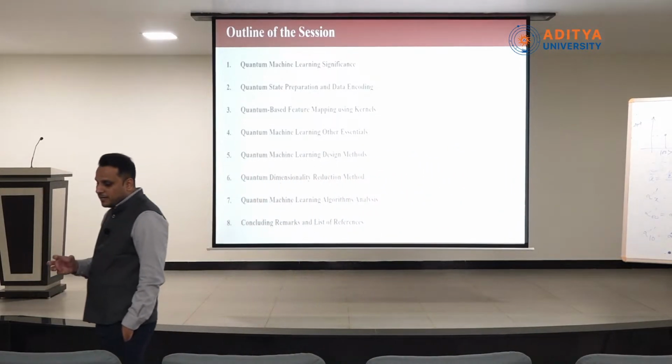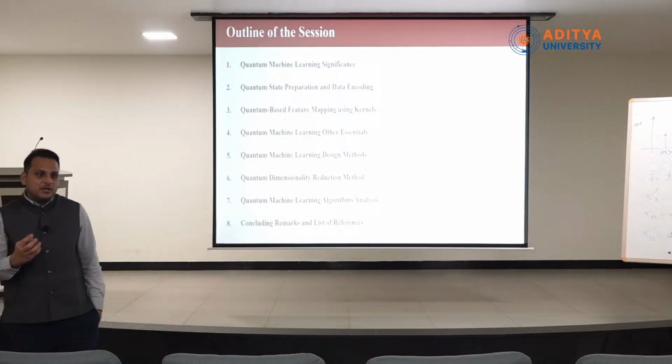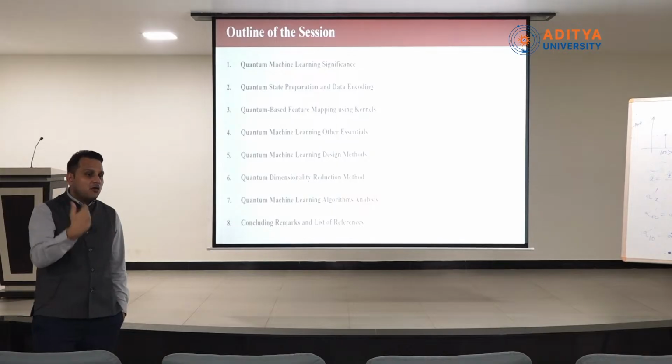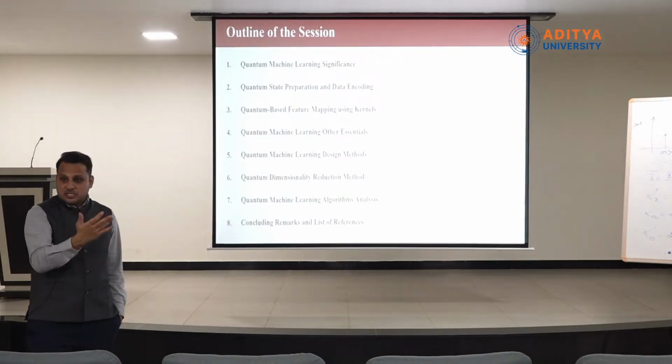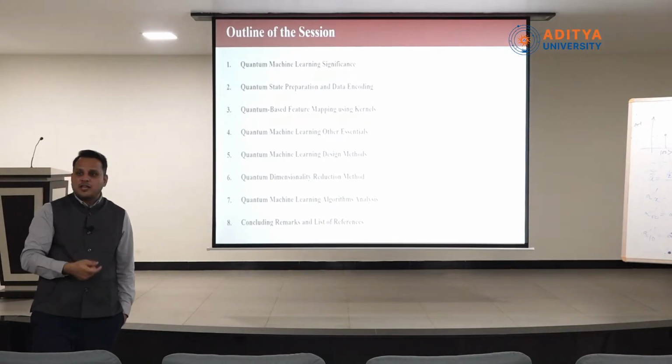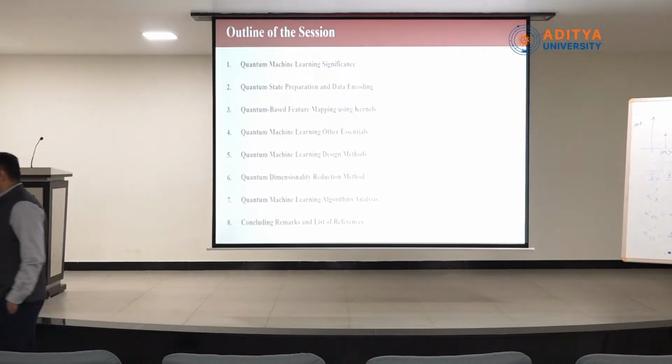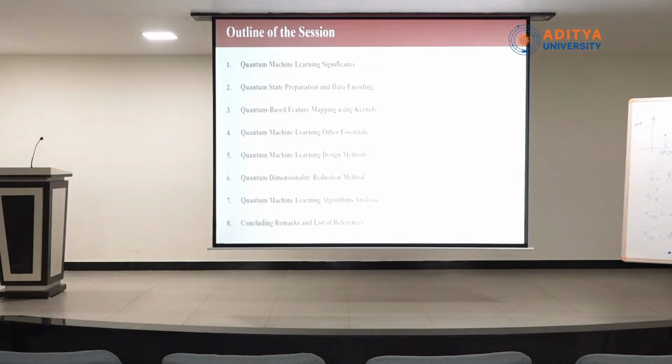As per what we have already planned, this is as per quantum data encoding, feature mapping, followed by dimensionality reduction and machine learning model processing. Any model processing we will check. Now look, the outline of this session contains quantum machine learning significance, followed by state preparation, data encoding methods, feature mapping, kernels, machine learning and other essential things.